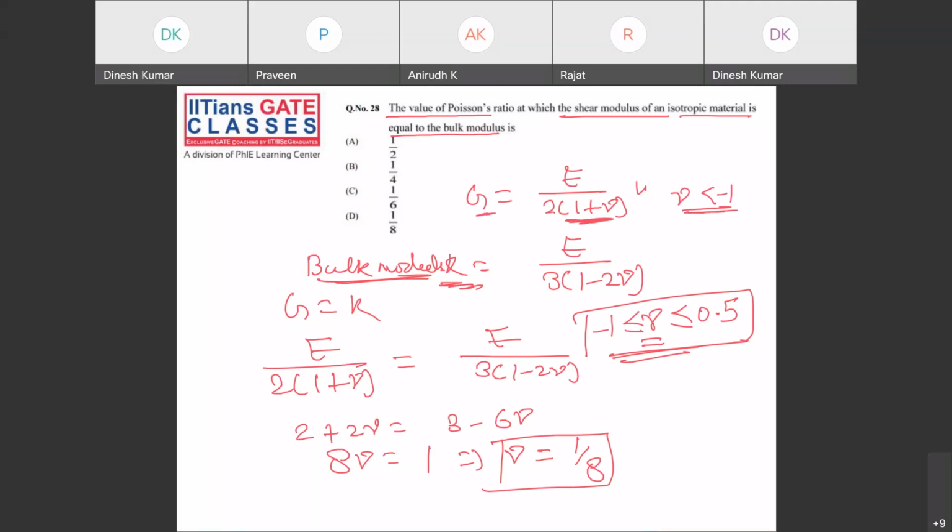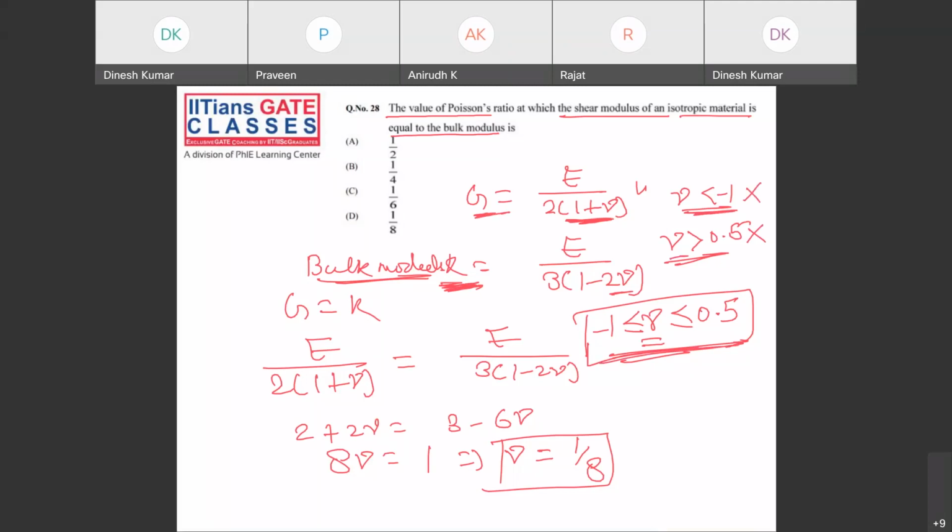In the same way, K will be negative if nu is greater than 0.5. So this is not possible. So the upper limit of nu is set by K and the lower limit of nu is set by G. So the Poisson's ratio for any kind of material varies between -1 and 0.5.